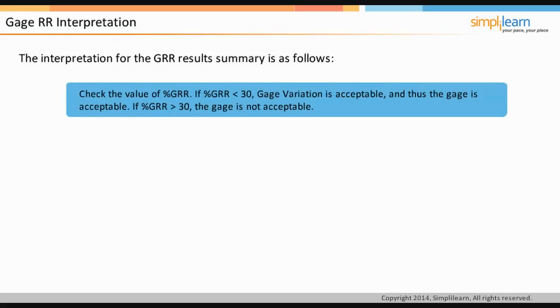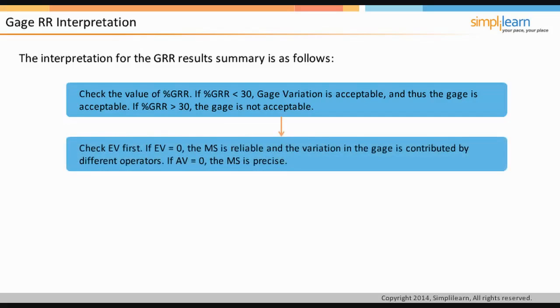If the percentage GRR value is less than 30, then the gauge is acceptable and the measurement system does not require any change. If the value is greater than 30, then the gauge needs correction. The equipment variation is checked and resolved first, followed by the appraiser variation.